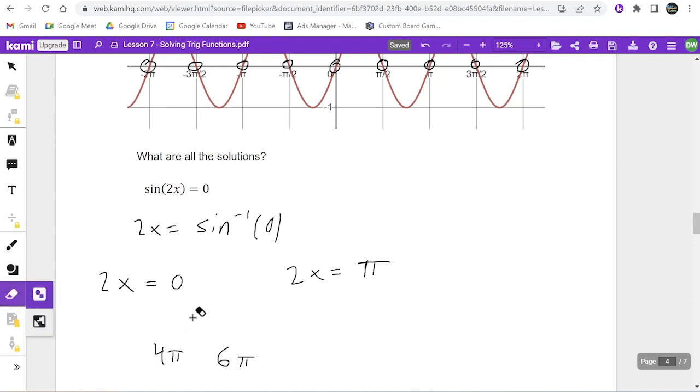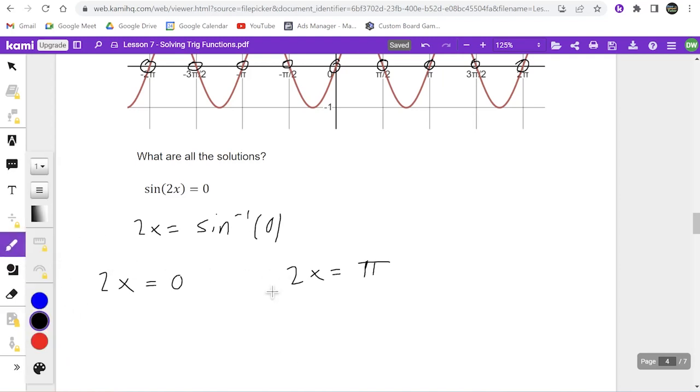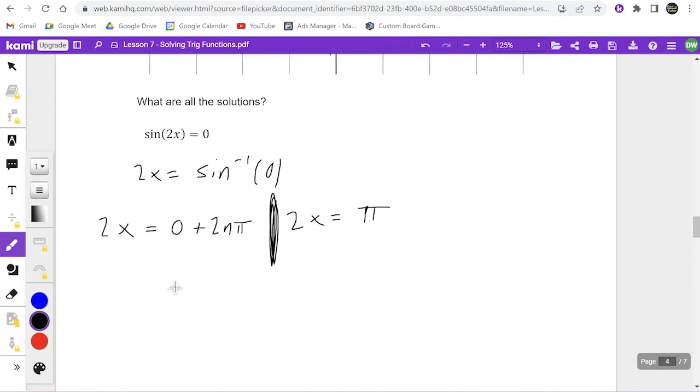So the way I account for every solution in an easy shorthand notation is I'm going to write this: 0 plus 2n pi, where n is a constant. In other words, n can be 0, 1, 2, 3. It can even be the negative values as well. Basically, n is every positive and negative integer and 0.